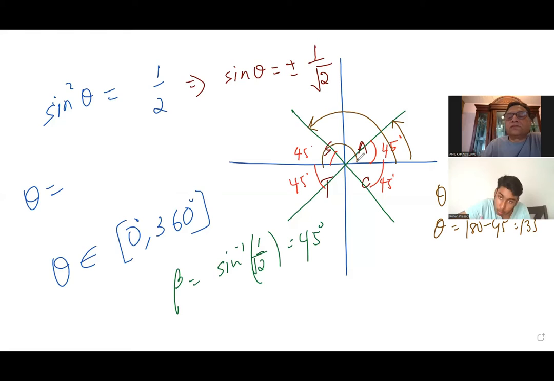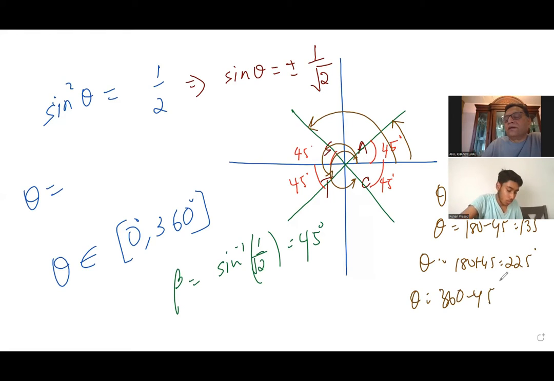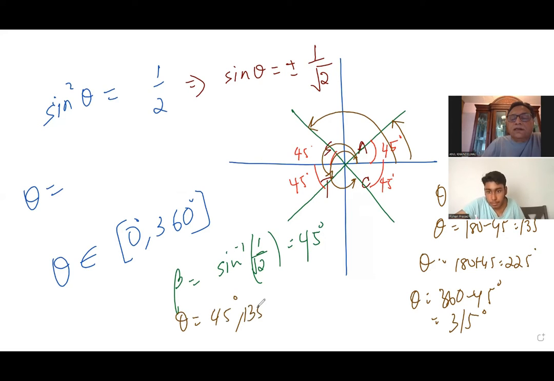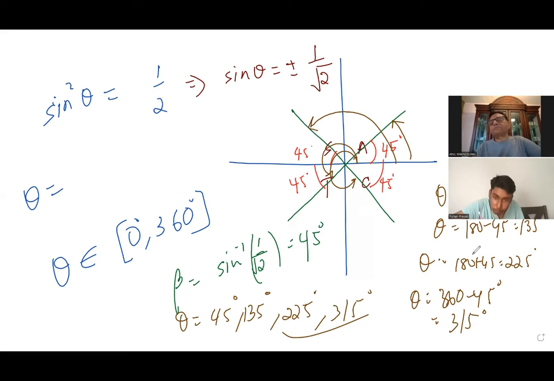Then 180 plus 45, 225 degrees, correct? And then 360 minus 45 degrees, 315 degrees. So this has 4 solutions. Theta is equal to 45 degrees, 135 degrees, 225 degrees, and 315 degrees. Do you understand?